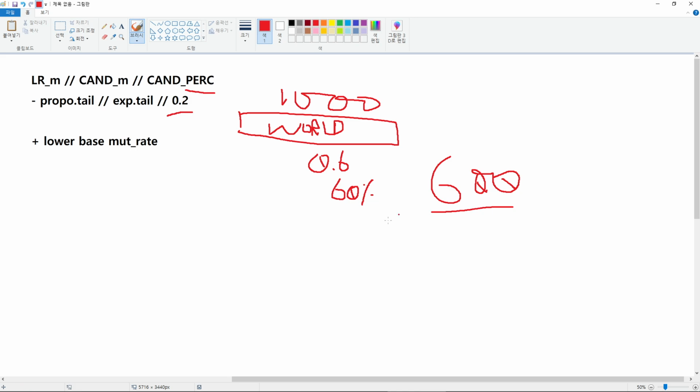And of course, doing 20% of this is far less than doing 60% of this, so keeping it at 0.2 is one of my intentions.